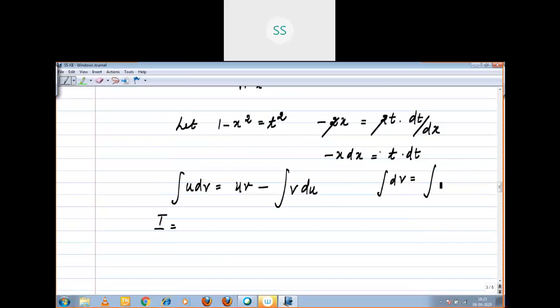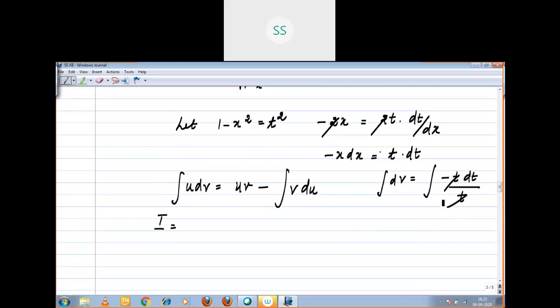The integral dv equal to what do I consider? Integral dv equal to minus t into dt divided by t, because 1 minus x square I consider as t square.